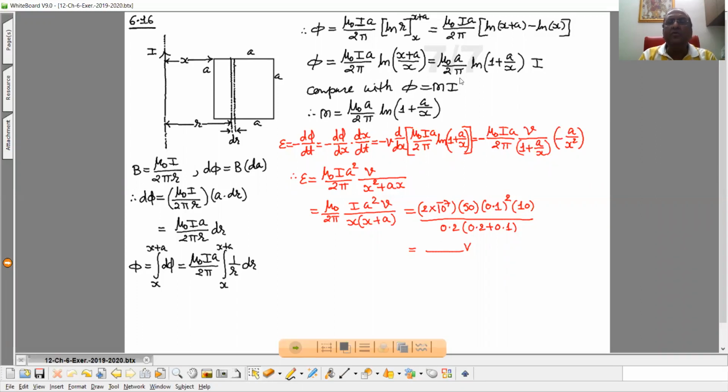Mu 0 a upon 2 pi ln, this x upon x is 1 and a by x, so ln 1 plus a by x, and I is written here.